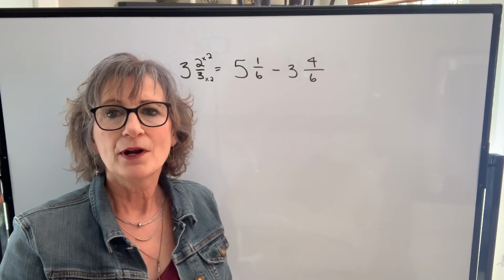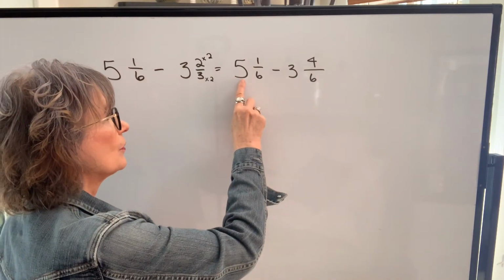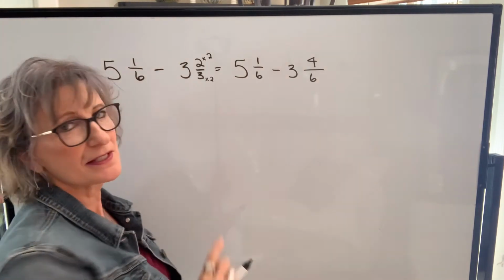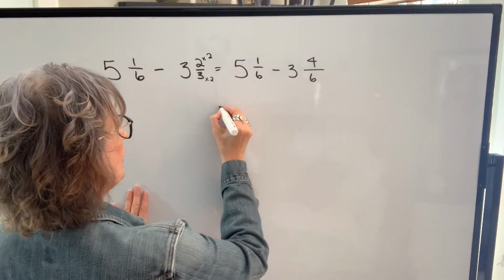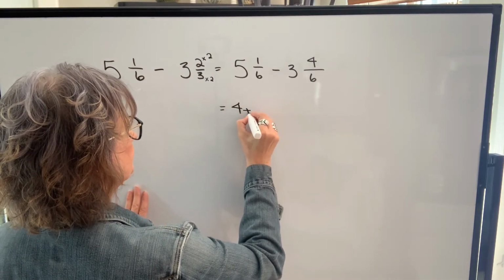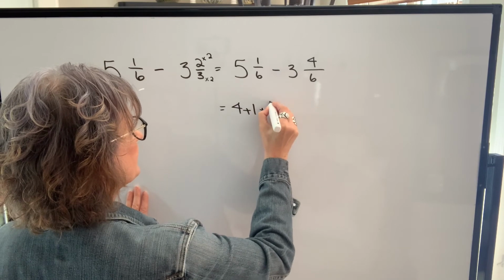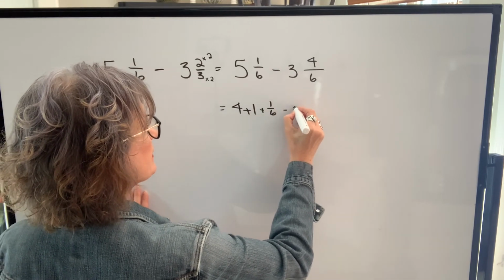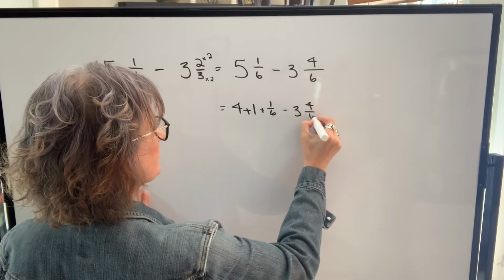However, what I am going to do is borrow a 1 from this 5. So I'm going to write 5 as 4 plus 1, plus 1/6, minus 3 4/6.